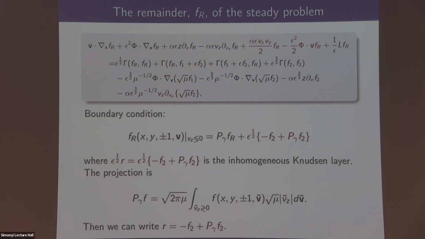So you have V dot grad X FR, epsilon squared phi, grad V FR, plus alpha epsilon Z partial X FR minus alpha epsilon V Z partial VX FR.